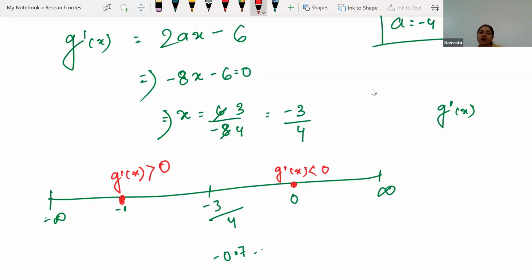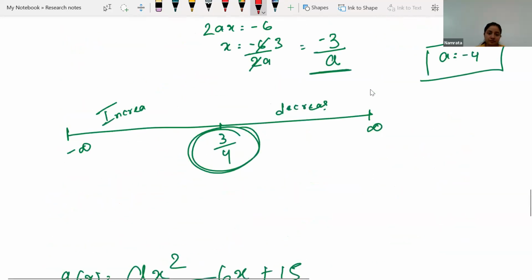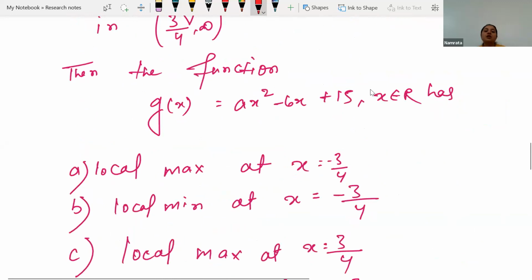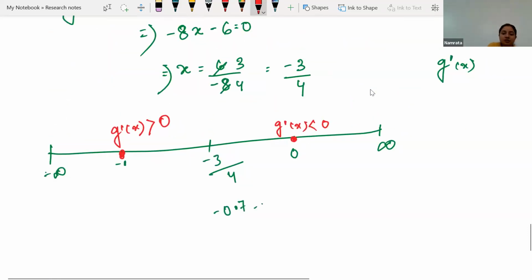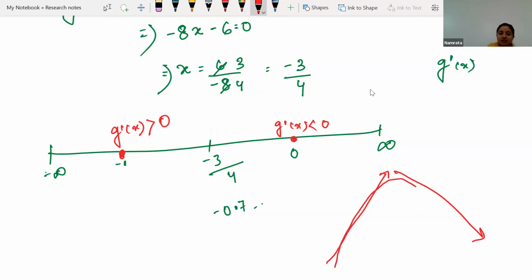So in this part on the left, the function is increasing, and on the right part, the function is decreasing. Let's see the options: local maxima, local minima. When at first the function is increasing and then it is decreasing, that means the curve is like this, and there is a point of maxima.